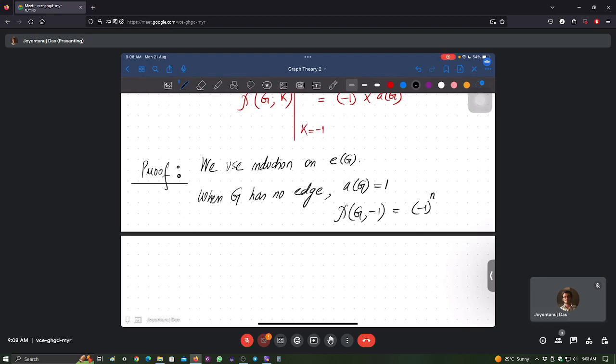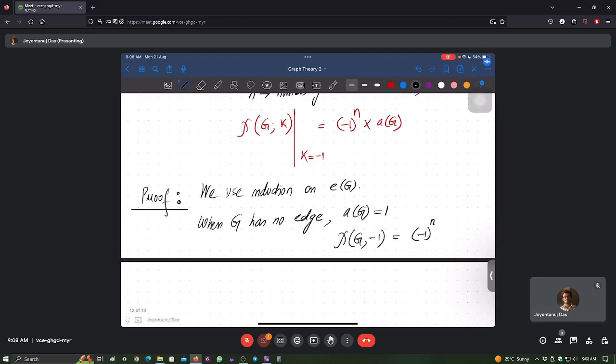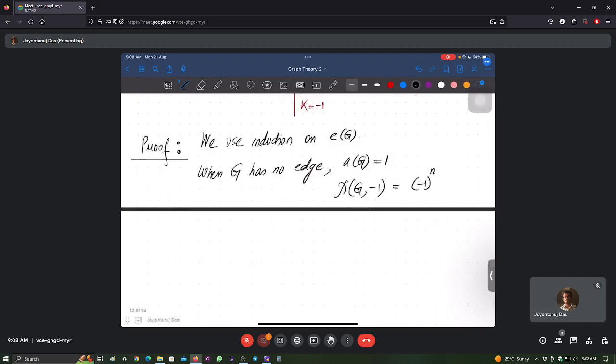So the claim holds. So the claim is true when the number of edges is 0. So this is our base case.